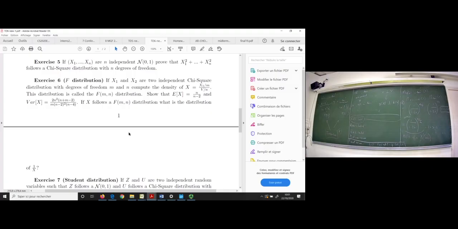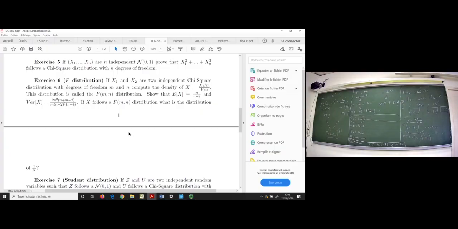It is just this way. So any mapping that you can build from X1, ..., Xn will be independent of any random variable you can build from Xn plus 1. Always. So the idea is exactly the same as this one here. Independence is preserved when you compose with mappings.